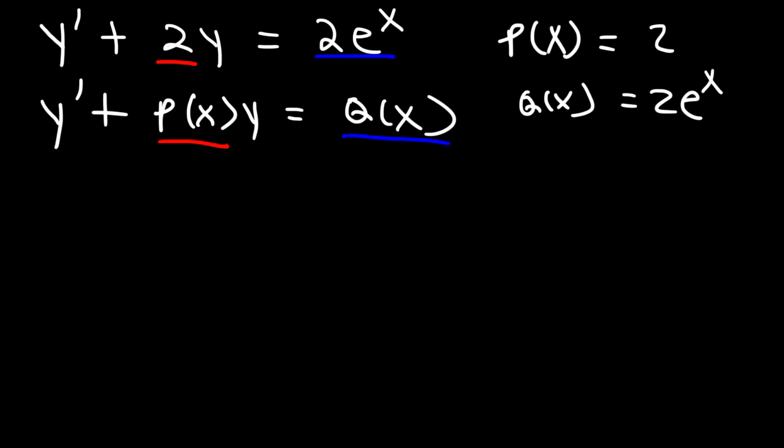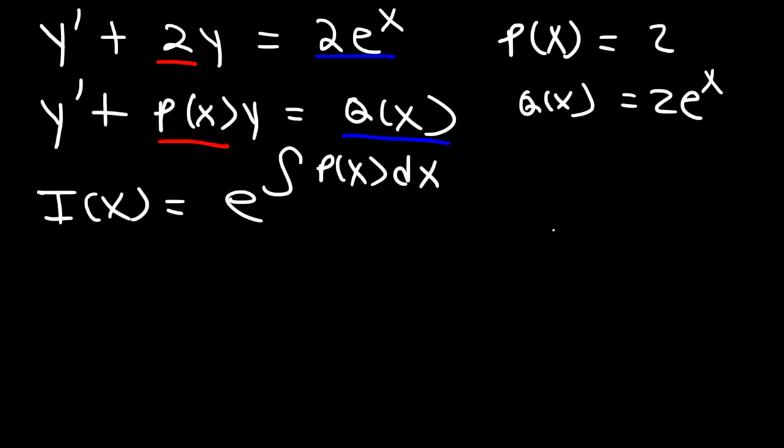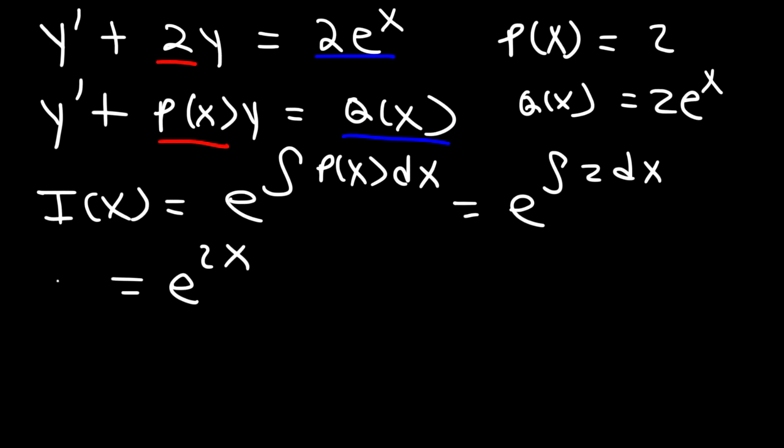Now let's determine the integrating factor, I of x. That's e raised to the integral p of x dx. So that's going to be e to the integral of 2 dx. The antiderivative of 2 dx is 2x. And so this is I of x.